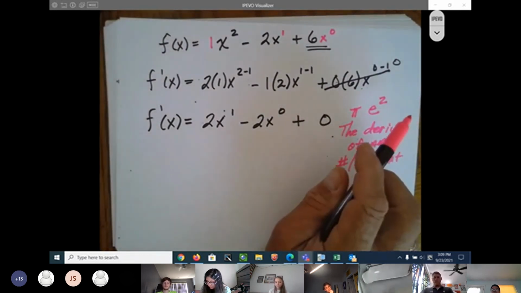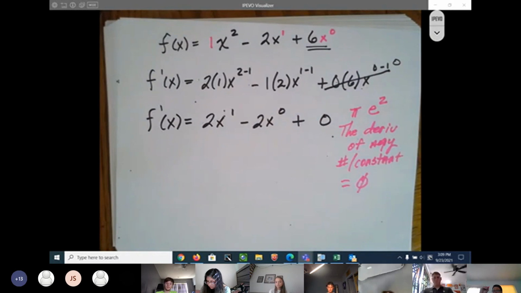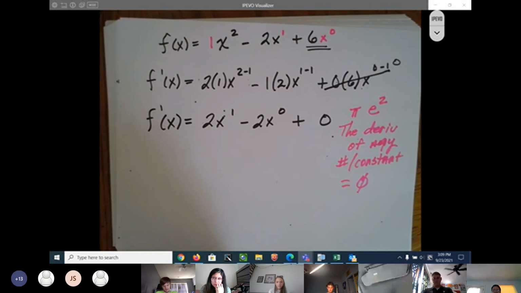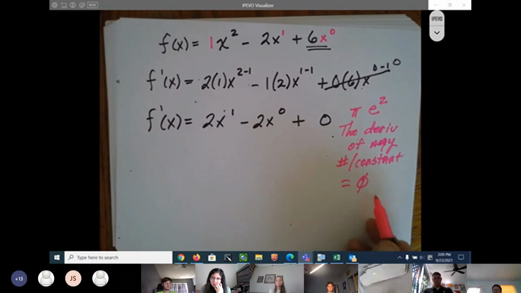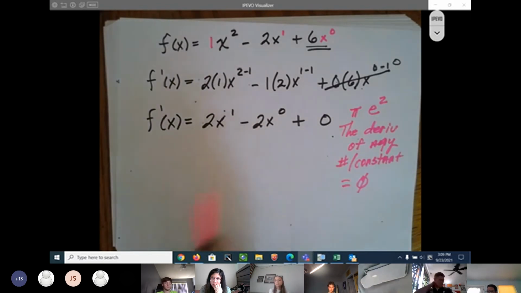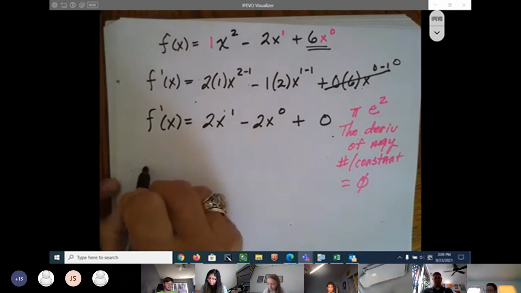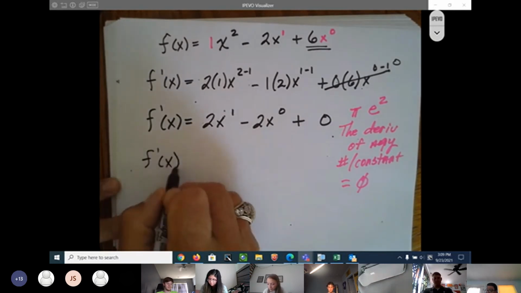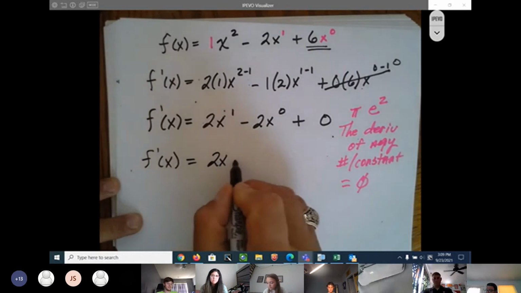You'd be surprised how many times I put the derivative of pi on a test and I get 5 people out of 30 that miss it because they don't put 0. And that's your answer. So simplify the answer and you get f prime of x is equal to 2x minus 2.